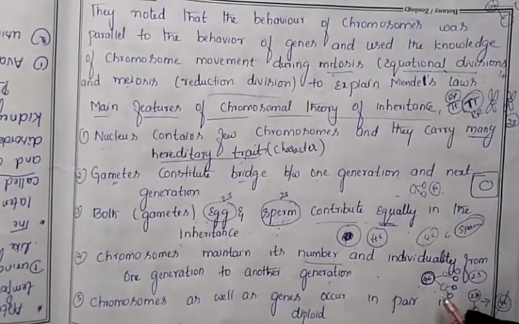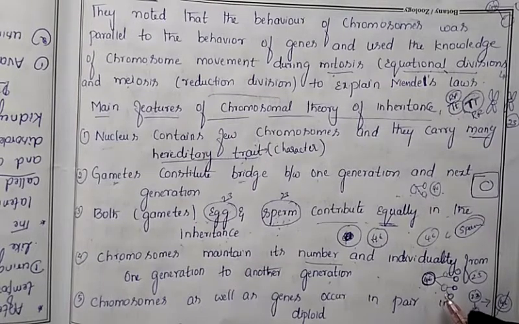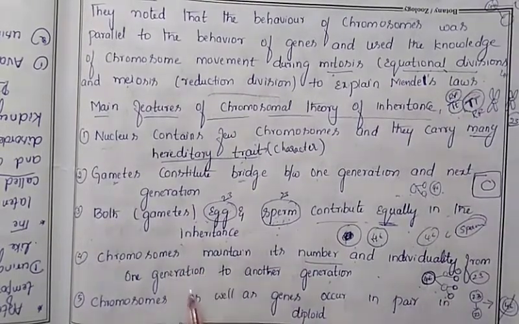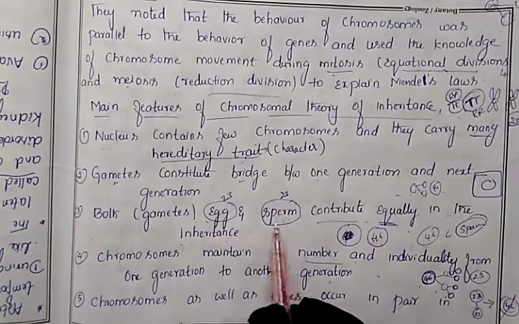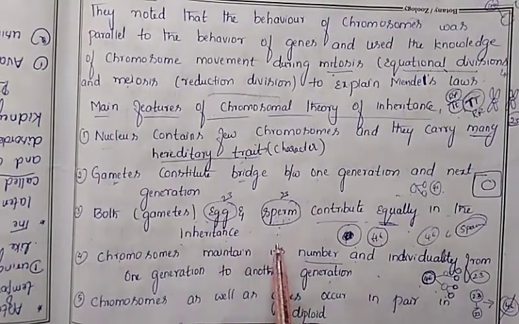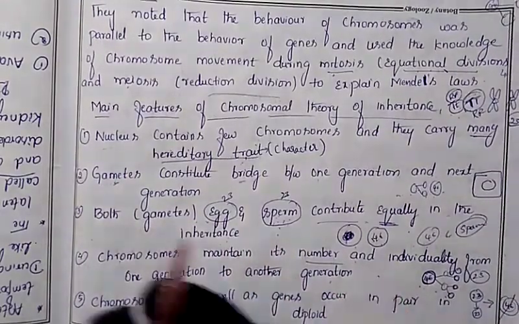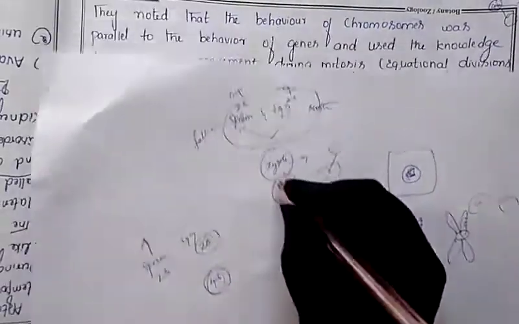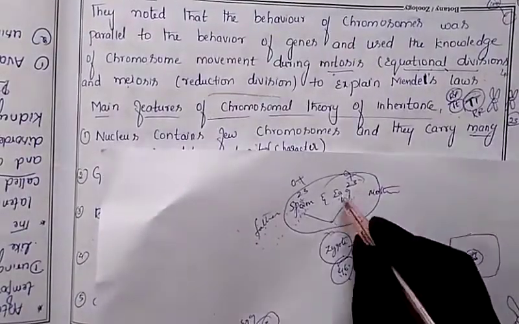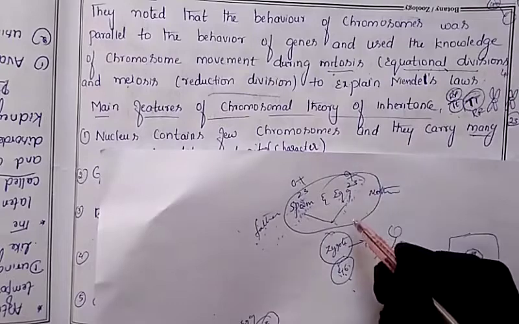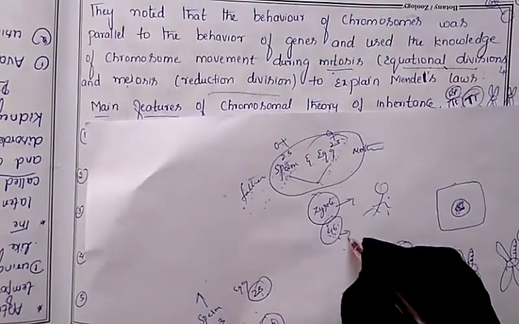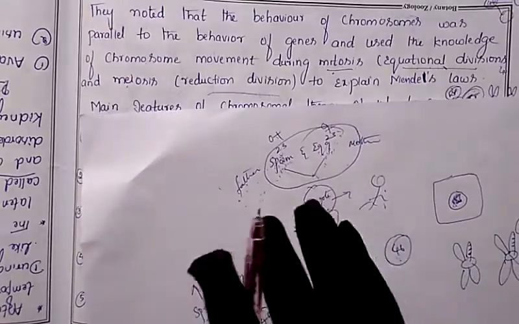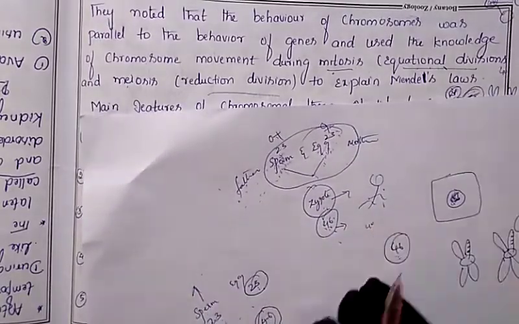That means only 23 chromosomes will appear in the gamete. So through meiosis in sperm and egg, half of the chromosomes get reduced, and when the sperm and egg combine, the 46 chromosome number enters the offspring. Mother contributes 23, father contributes 23, so 23 plus 23 is 46. In this pattern, in every generation 46 chromosomes will be maintained.